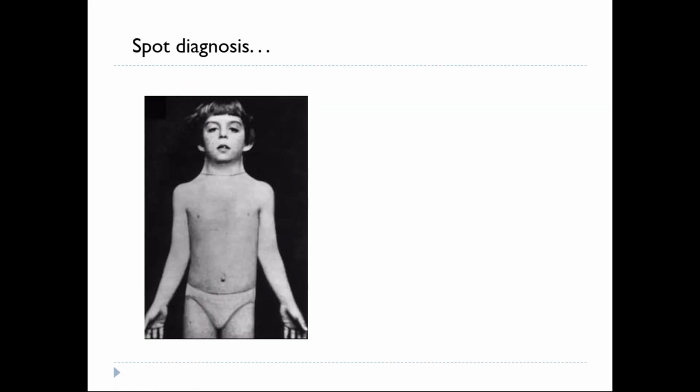So what about this child? First tell me what all do you see in her? So she is a female child. What all do you see in this female child? Achondroplasia, a lot of people have answered for the previous one.